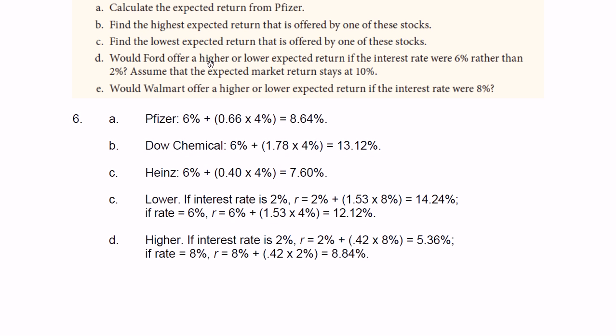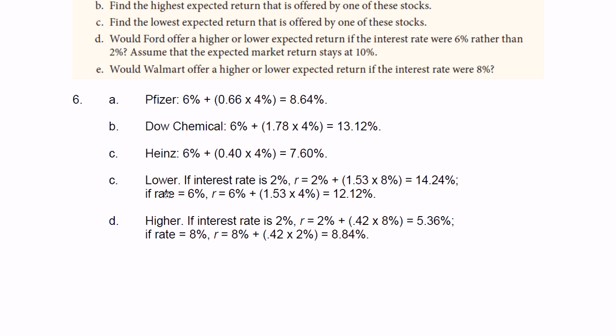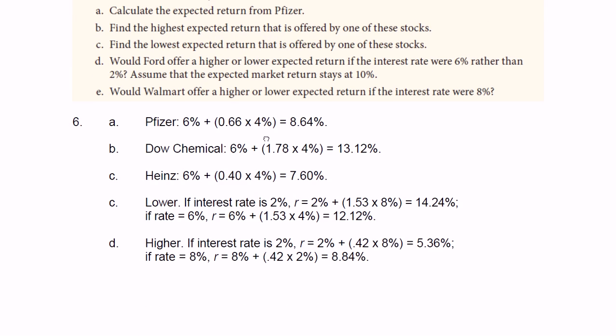Would Ford offer a higher or lower expected return if the interest rate were 6% rather than 2%? Assume that the expected market return stays at 10%. So we simply calculate the case in the textbook in which the interest rate is 2%, and compare with the case in this question.